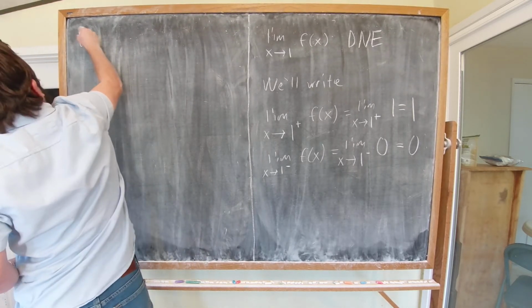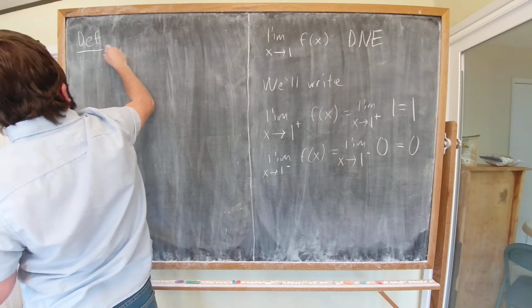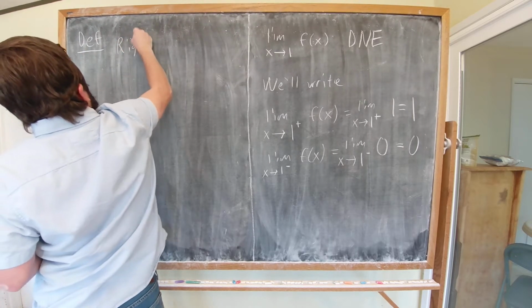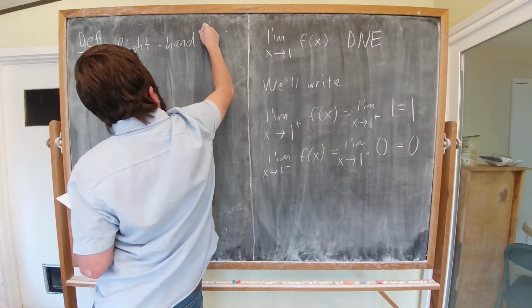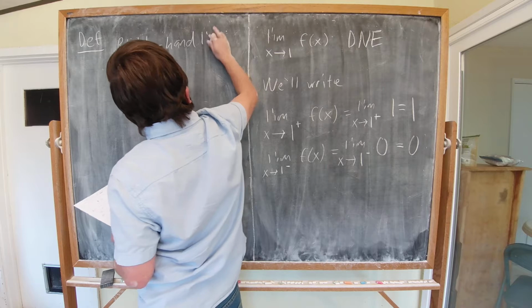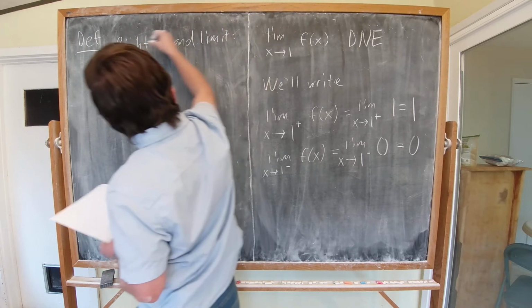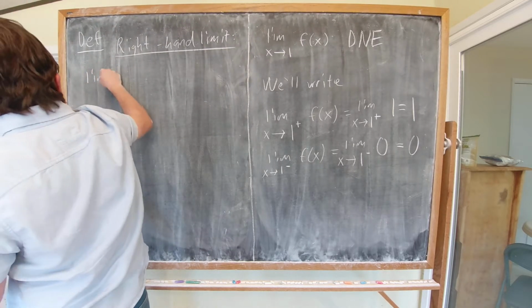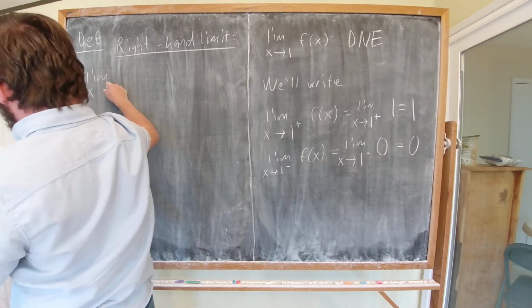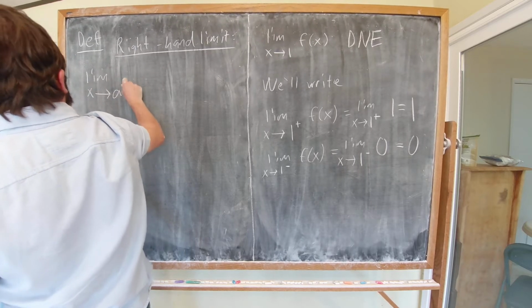Formally, our definition of a right-hand limit or a right side limit, approach from above limit, different textbooks will use different names. The limit as x goes to a plus.